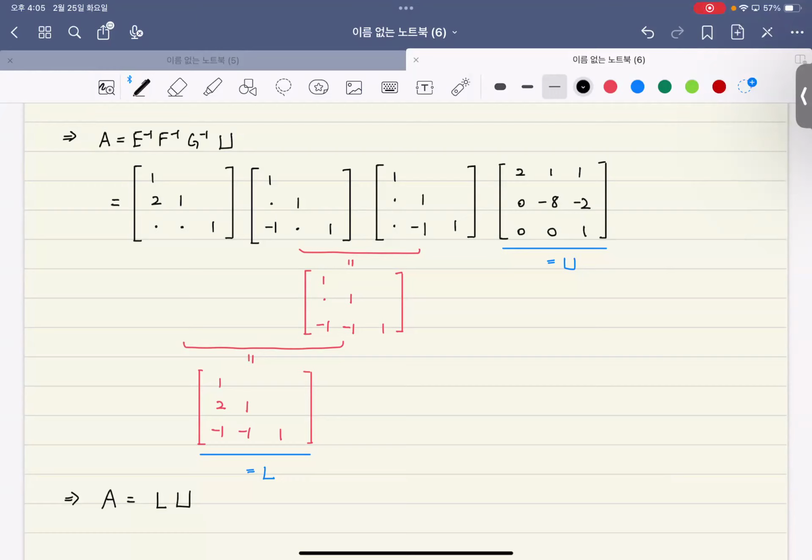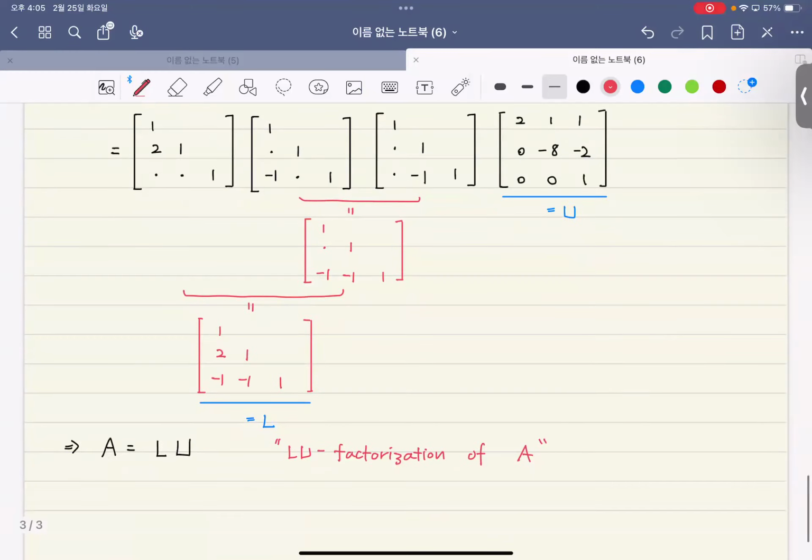All right, so this is why sometimes this entire algorithm is called the LU factorization of A. In other words, you factorize any given square matrix A into a product of a lower triangular matrix times an upper triangular matrix. So this is what I mean by LU factorization.